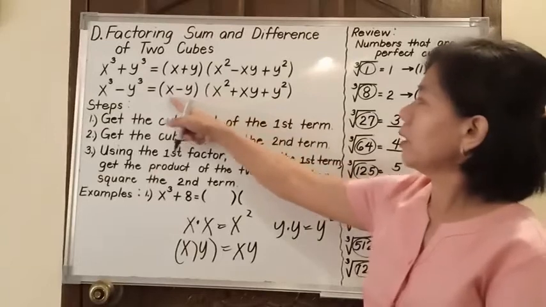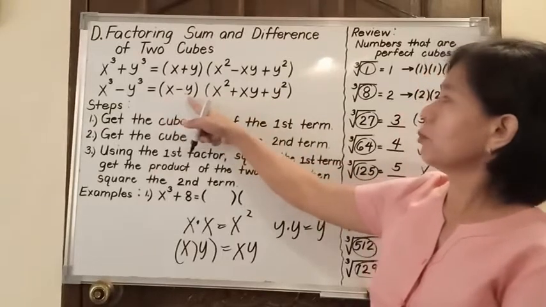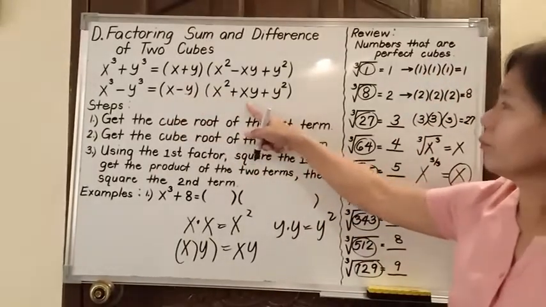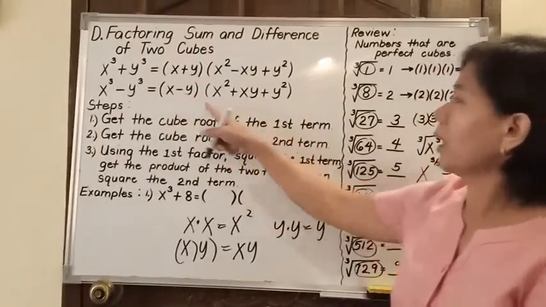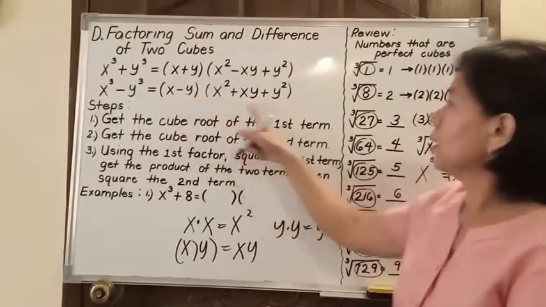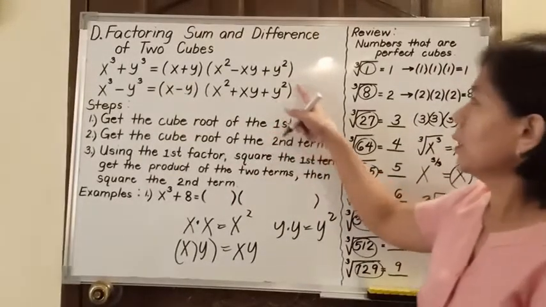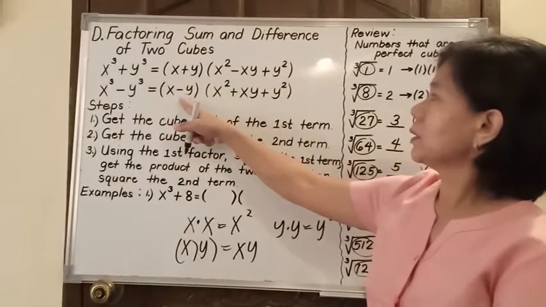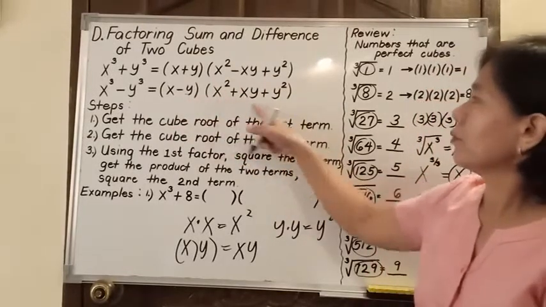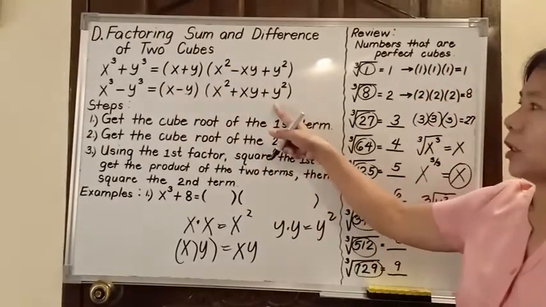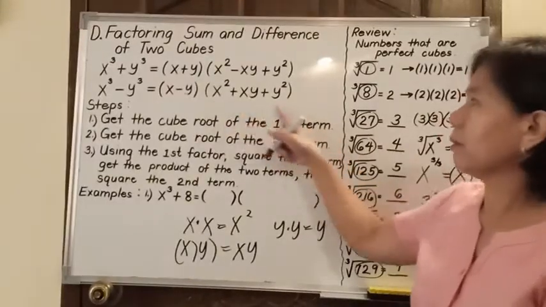Then get the product of the two terms, or multiply the two terms, that is xy. X times y is xy. And get the square of the last term, that is y times y, y squared. This time, for the difference, the signs of the terms in the trinomial should all be positive.